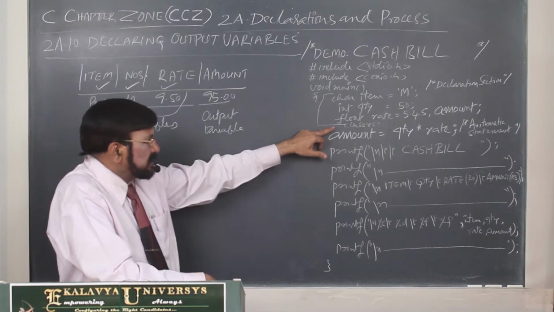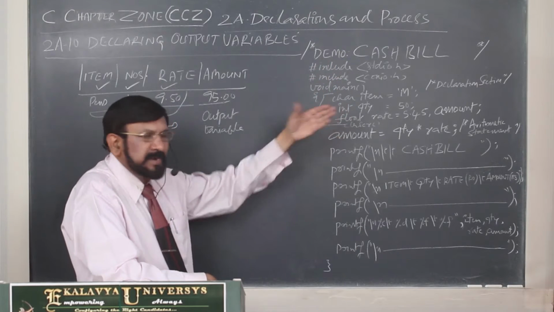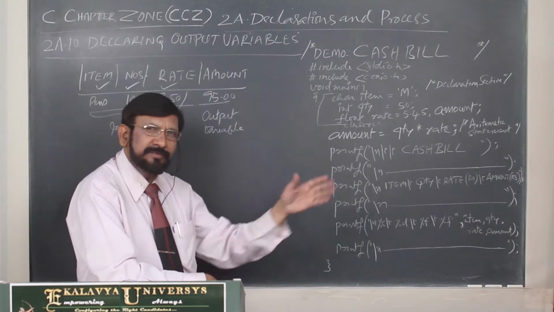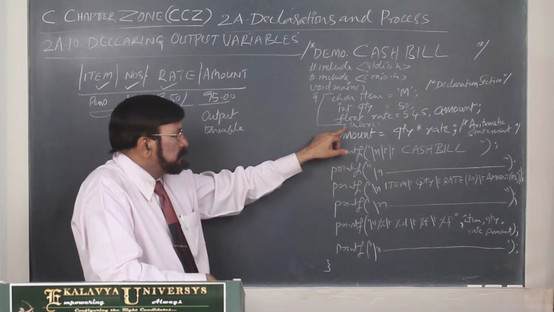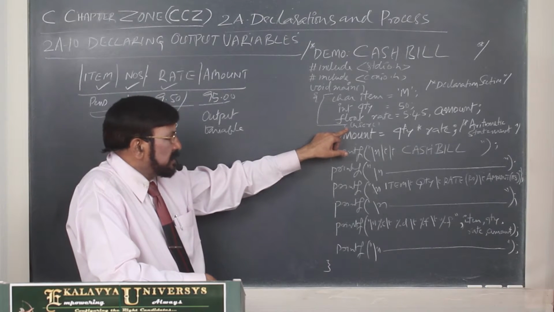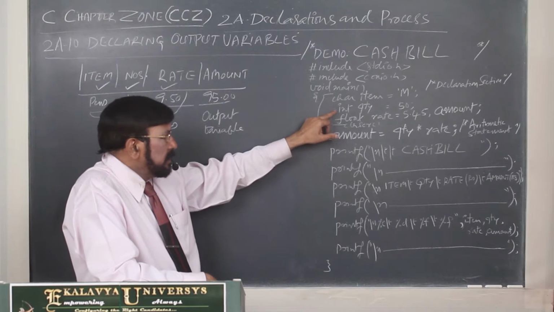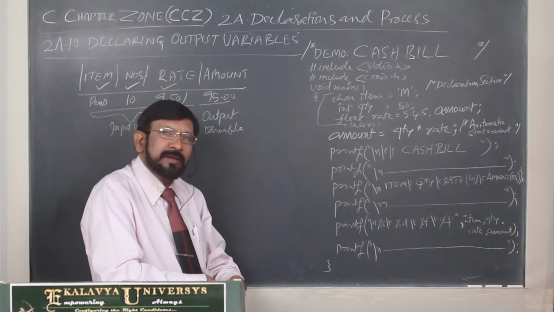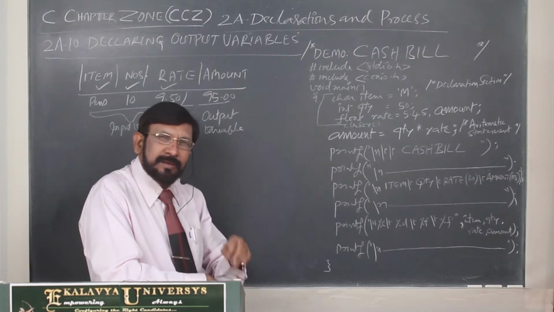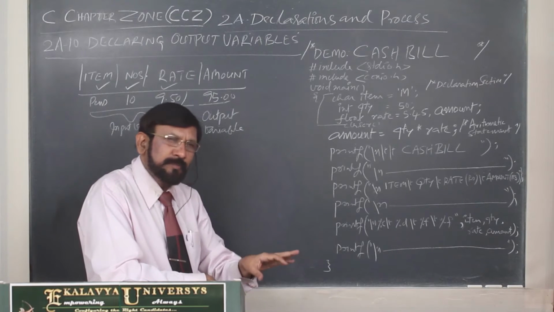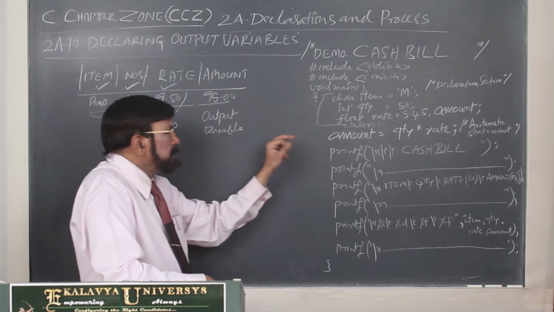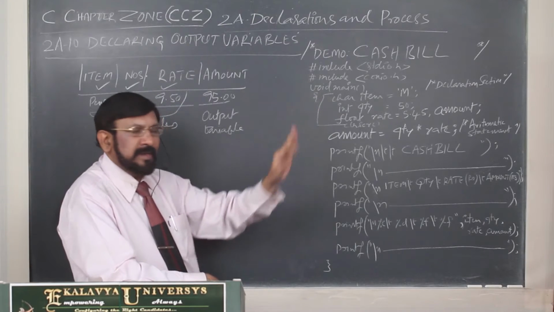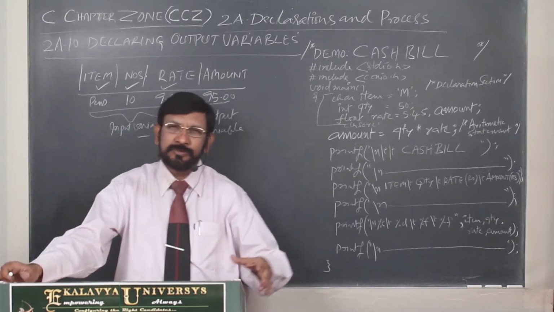Suppose clear screen is there; clear screen can be written immediately after the declaration section or anywhere after it. But if you try to write clear screen in between the declaration section or above it, it leads to an error. Not only clear screen, any other code: immediately after the opening brace you must write the declaration section. That point always you remember.